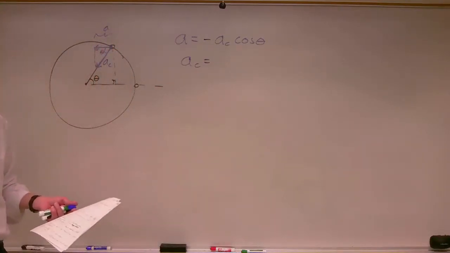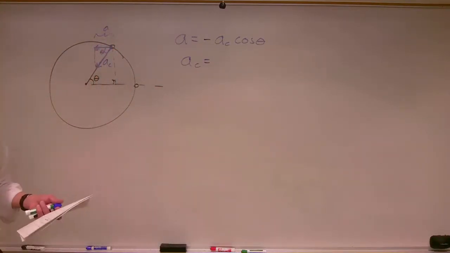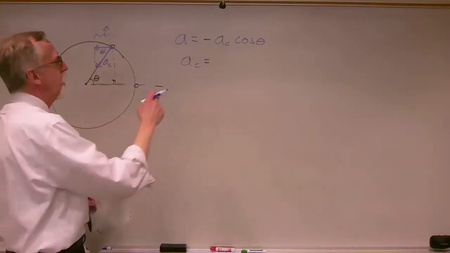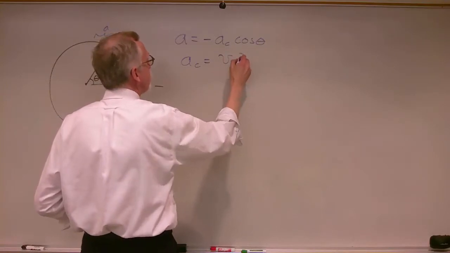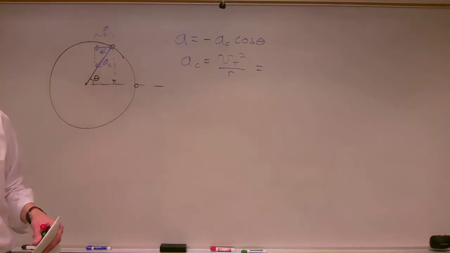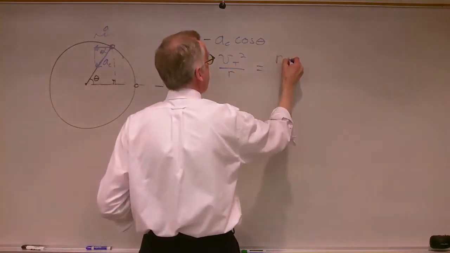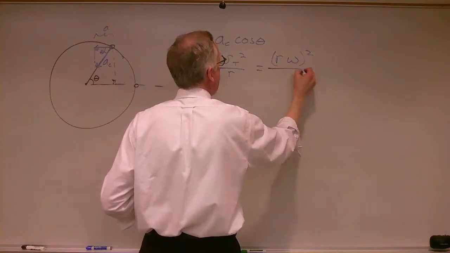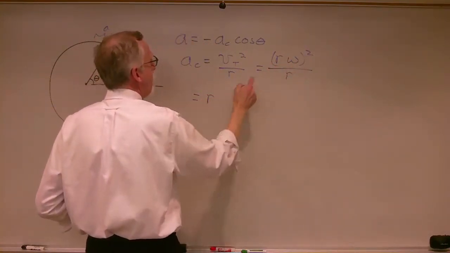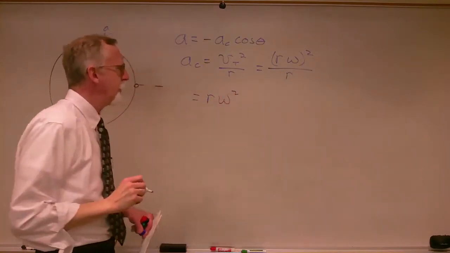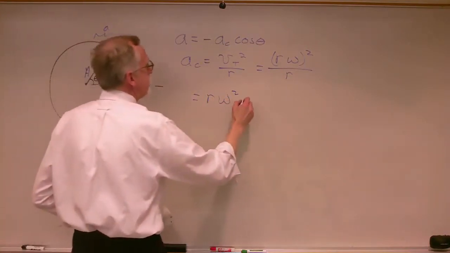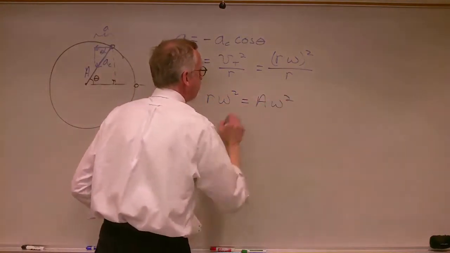Remember, centripetal acceleration is v squared over r, but v, remember, is the tangential velocity, so this is going to be vt squared over r. The tangential velocity, remember, is r omega. So this is going to be r omega squared over r, or r squared over r is r omega squared, but remember the radius is a, and so this is a omega squared.